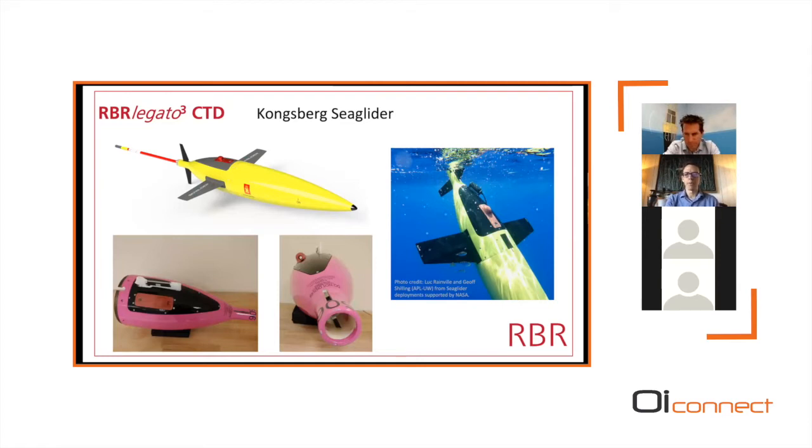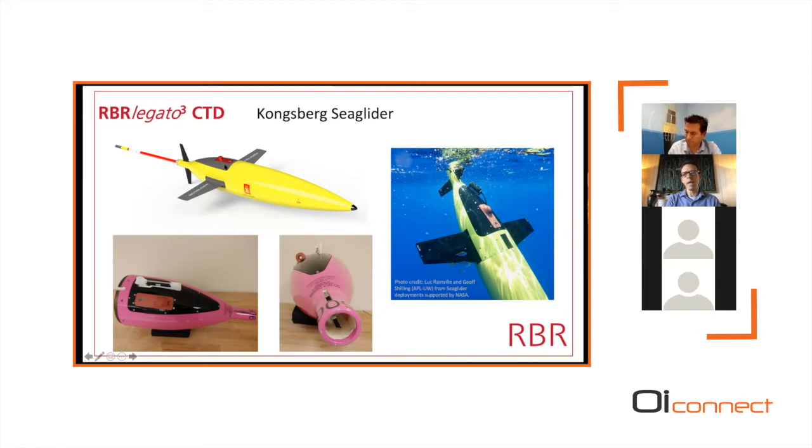And we have here a beautiful image from the University of Washington Applied Physics Lab, from Luke Riveil and Jeff Schilling. I'm not totally sure what this was, but there were some great profiles that came from those deployments.